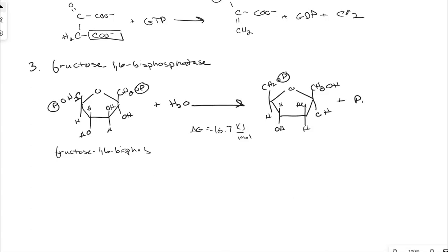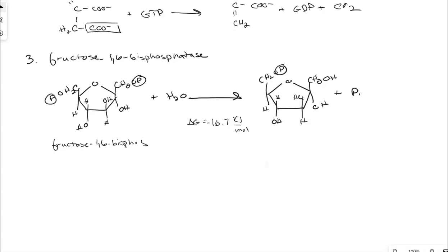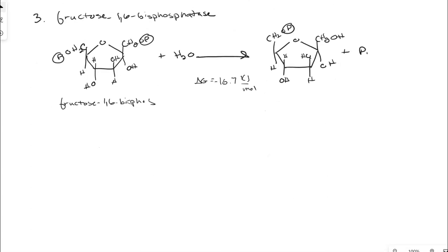Citrate stimulates bisphosphatase activity, but fructose 2,6-bisphosphate is a potent allosteric inhibitor. AMP also inhibits the bisphosphatase, but the inhibition of AMP is enhanced by fructose 2,6-bisphosphate. So let's look at these really fast. Citrate stimulates bisphosphatase.